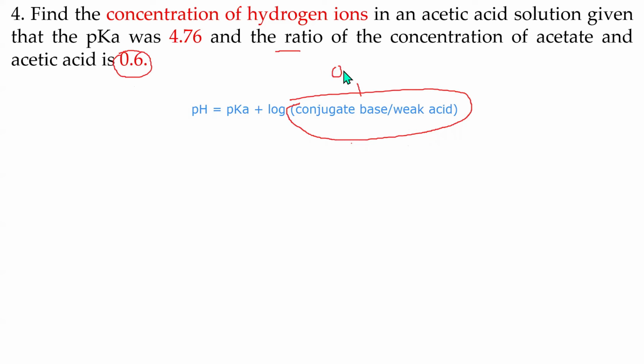It means that the whole of this ratio, conjugate base over acid, is 0.6, because it is the ratio. So everything here is 0.6. And the pKa is already given as 4.76.